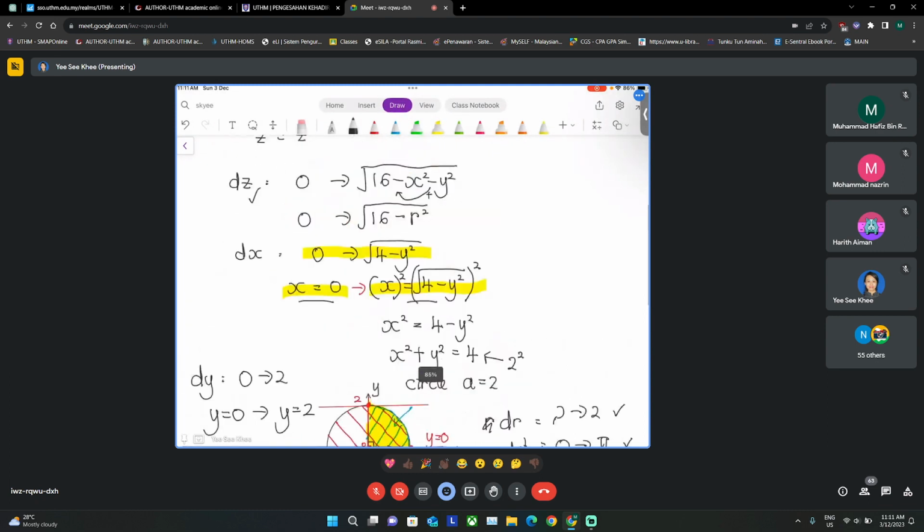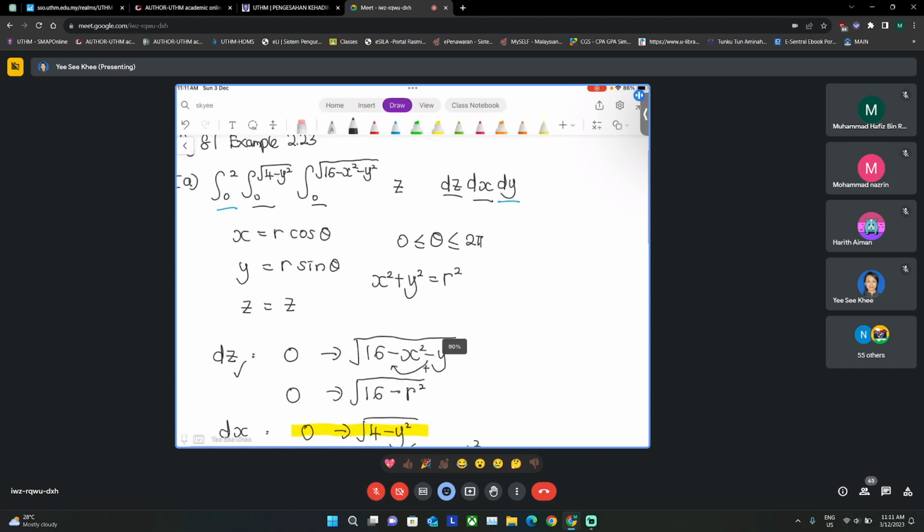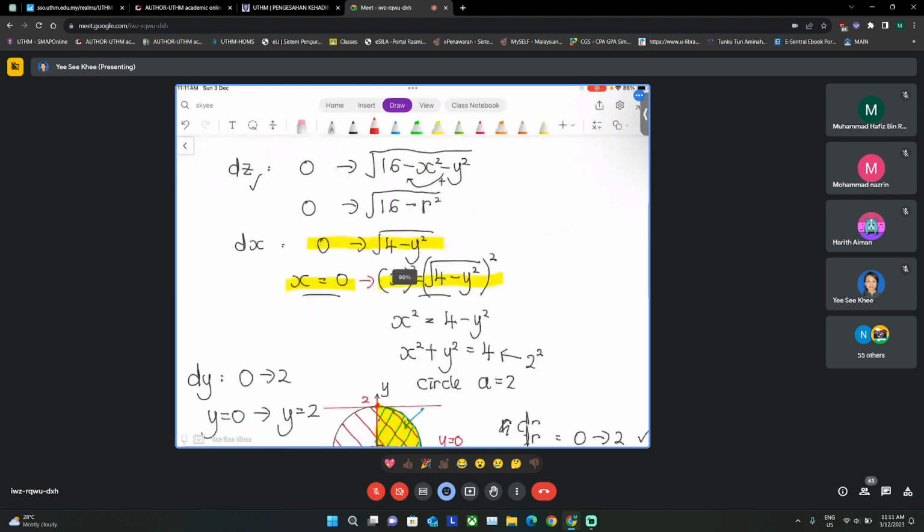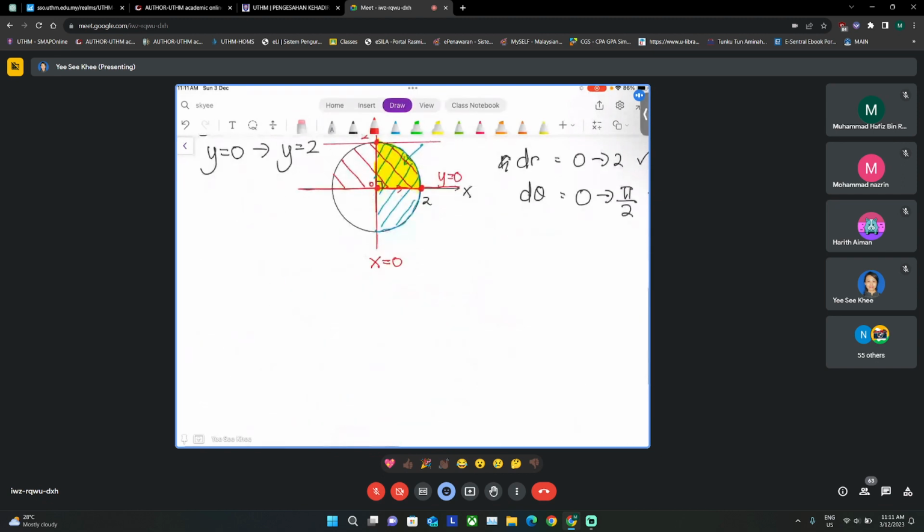Now we put them back to our question. Initially it was in the Cartesian coordinate, and now you're going to convert it into r, dz, dr, and d theta, because you need to solve by using the cylindrical coordinate. So we write it out again. For the triple integral, you have the r, dr, and d theta.